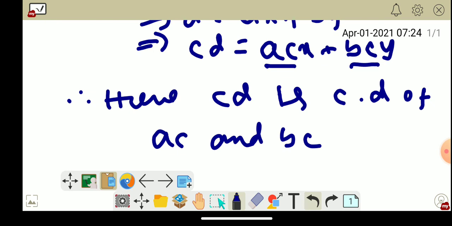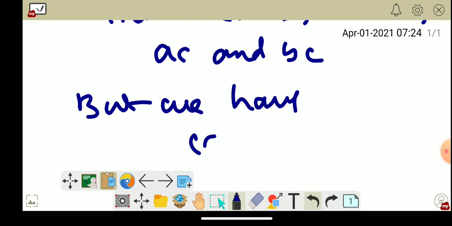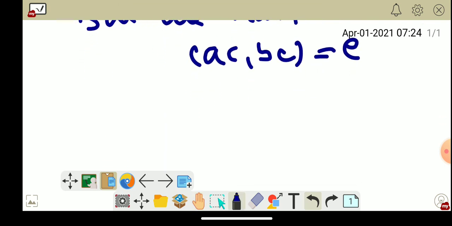According to that property, CD is a common divisor of AC and BC. But we have GCD of AC, BC is equal to E. That implies CD divides E.